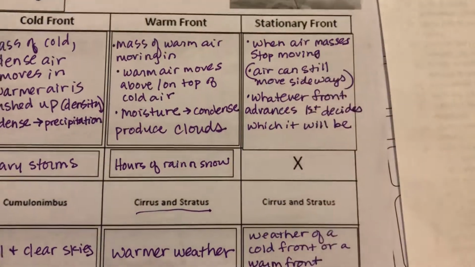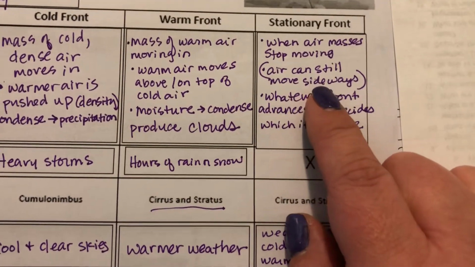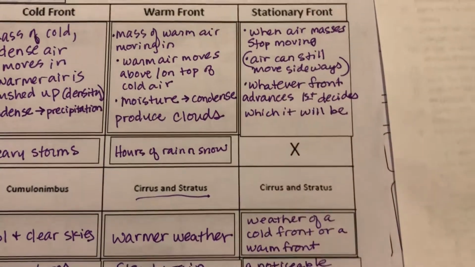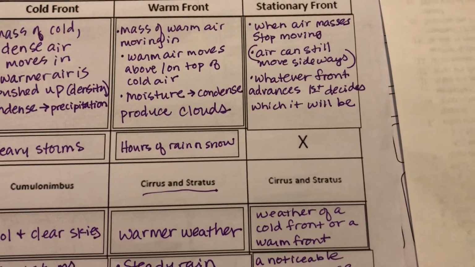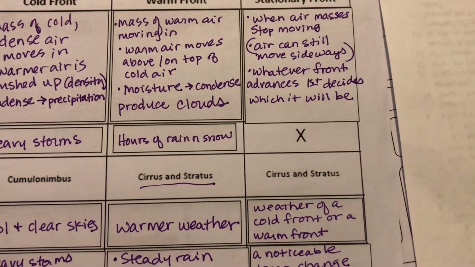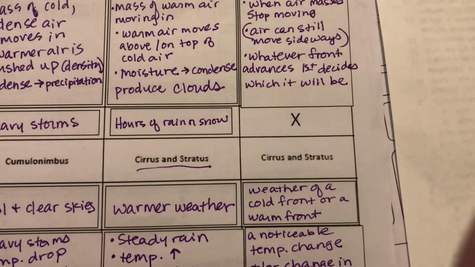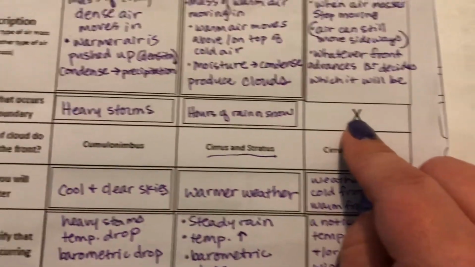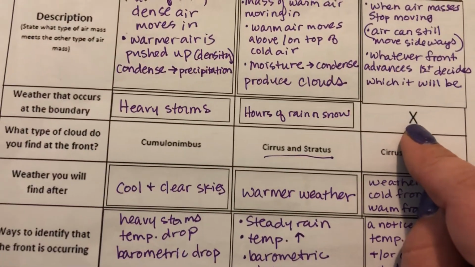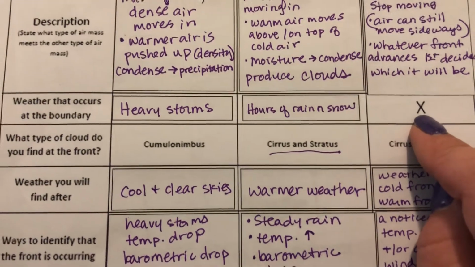If you're stationary, you're not moving. So the air can still move a little bit sideways, but the fronts themselves are kind of butting heads. Whatever front advances first will decide what the weather is going to be. So it is up in the air as to, that was kind of funny, I didn't mean to say that, but it's kind of funny, up in the air.